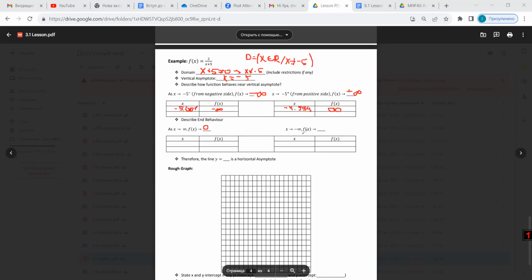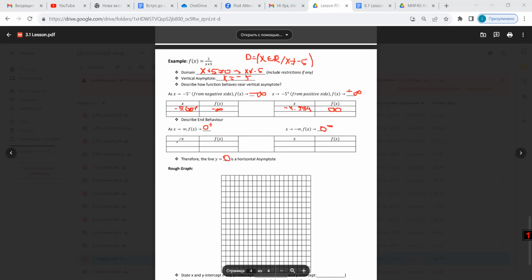As well as if we travel to negative infinity, we're going to get the same, it travels to 0, but from the other side. For positive infinity, it travels from the positive side to 0. From negative infinity, it travels to 0 from the negative side. We can make a conclusion that the line y equals 0 is a horizontal asymptote for us.